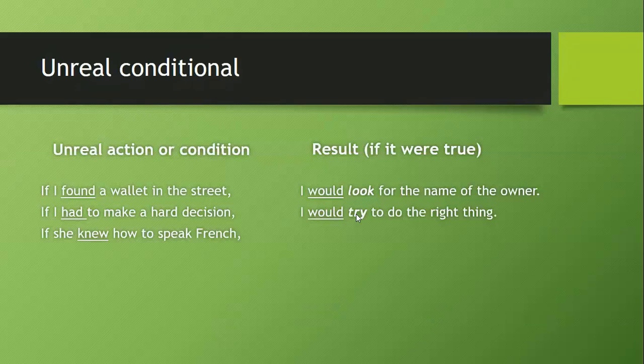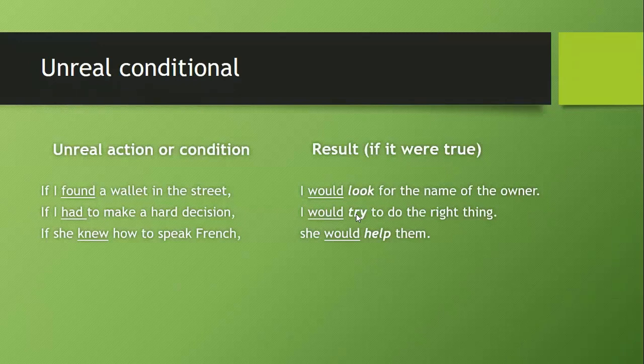If she knew how to speak French, probably she would do something. I don't know. She would go to France. She would have friends from France, or in this case, she would help them. Who?